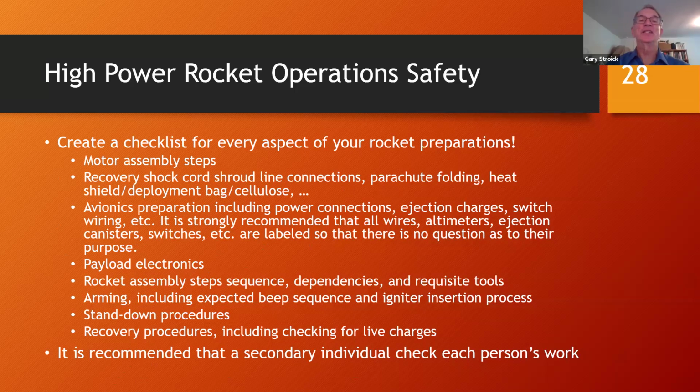I can tell you that teams regularly don't have the tools they need to assemble the rocket. They've forgotten them or left them at home. So there needs to be a list of tools in the checklist, so whoever is going to do it can get those tools ready and then start working on that particular portion of the rocket. And you should really have a packing checklist to make sure that all those tools are packed before you come out.